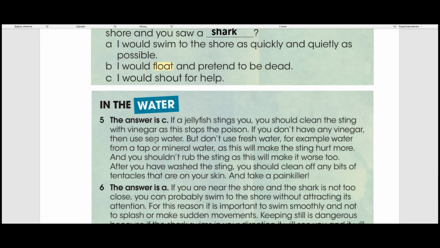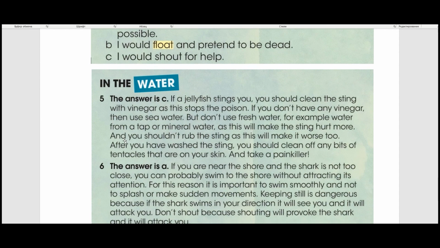Если у вас нет уксуса, используйте морскую воду, но не используйте свежую воду, например, воду из-под крана или минеральную воду, так как место, где ужалили, начнет болеть больше. То есть this will make the sting hurt more. Эта штука станет болеть еще больше, если помыть это водой из-под крана или минеральной. И вам не следует тереть место, где ужалили, так как это сделает все хуже.